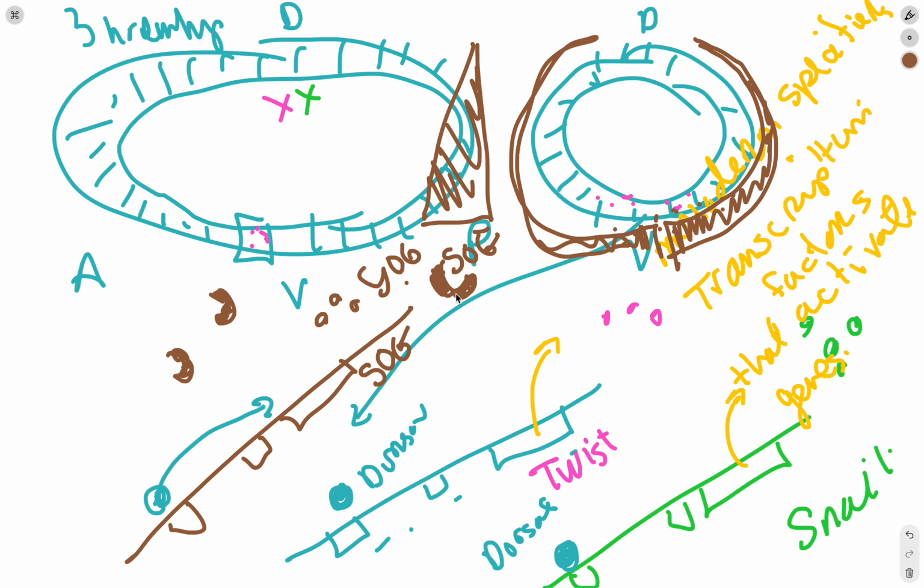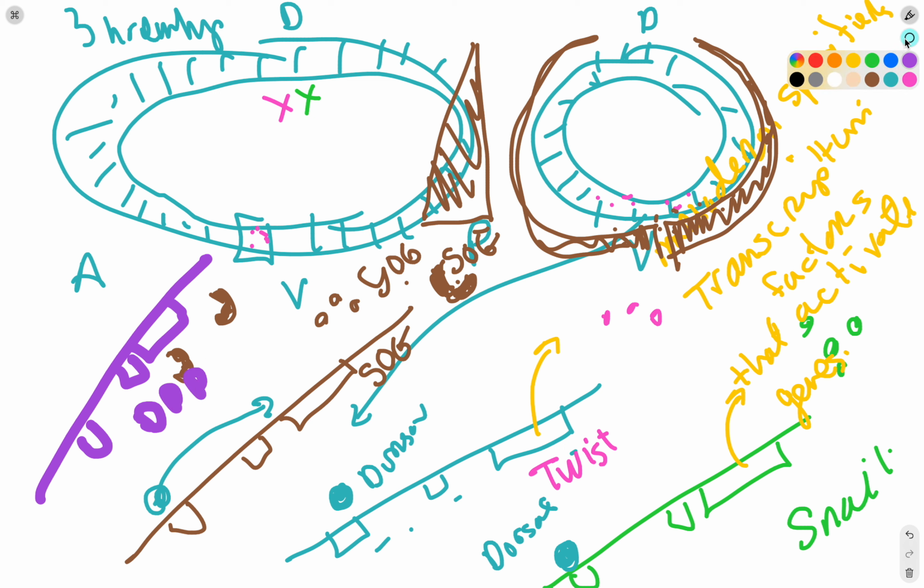And then there's one other gene that we have to talk about, and maybe I changed the size of the pen. The other gene you have to put in your drawing is DPP. So dorsal is going to bind here also. So dorsal also in your drawing. And dorsal is going to inhibit DPP, okay?